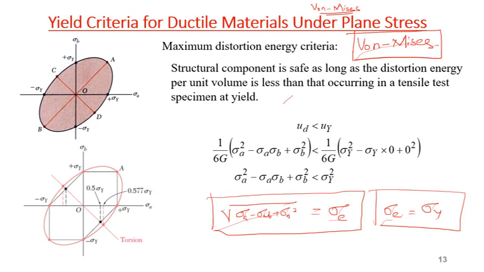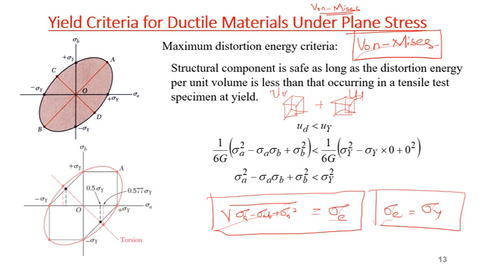One component will cause a change in the volume, that is the volumetric part U V. The other component will cause distortion, U D. The volumetric part will not cause failure in ductile material, only the distortion part, because ductile materials are weak in shear, which causes the distortion.